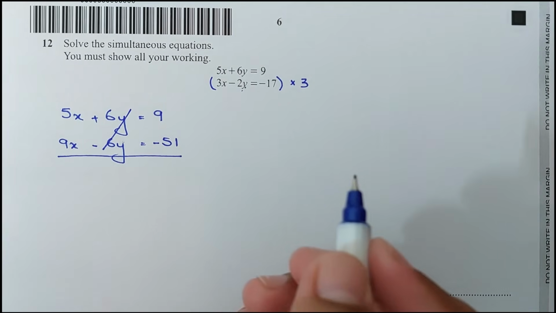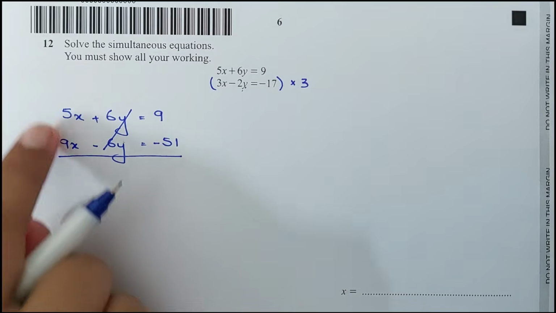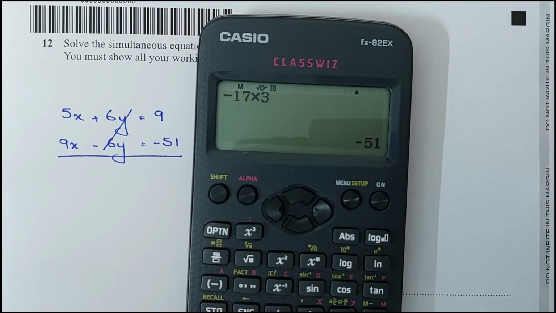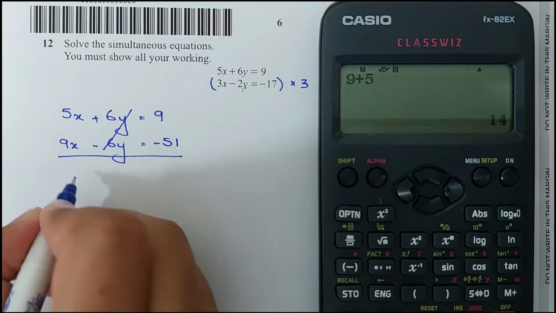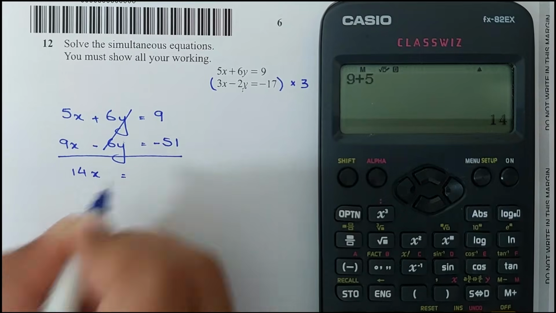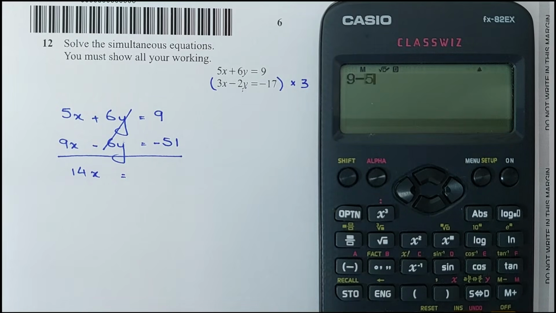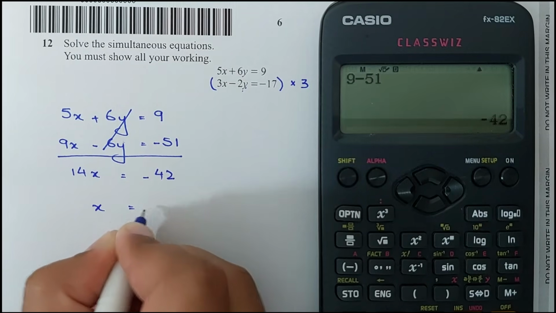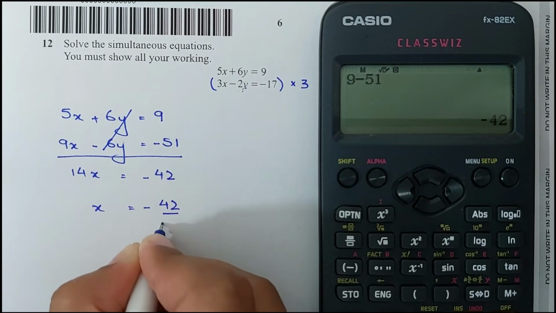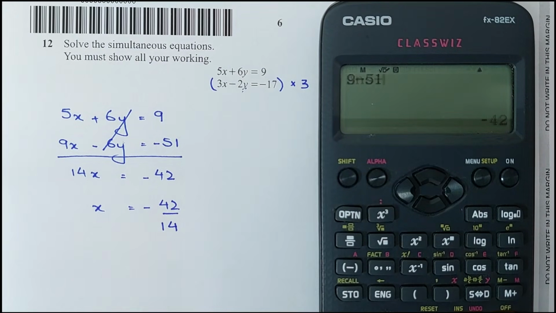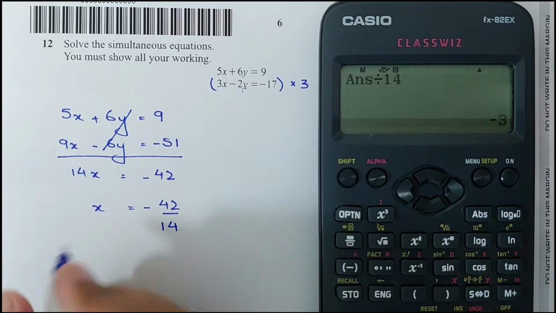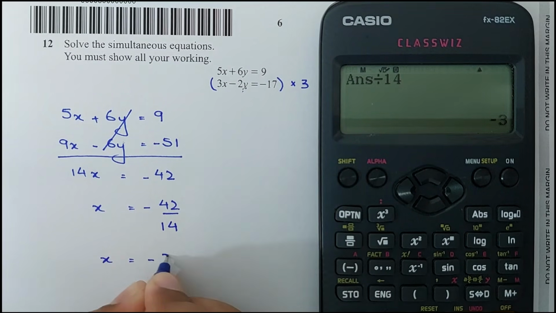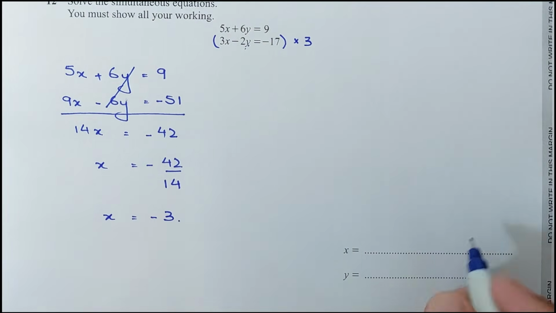Now we can easily get rid of y and solve for x. 9 add 5 is 14x, and from 9 take away 51 is negative 42. So x is negative 42 over 14, which is negative 3. So we are done with the x value, which is negative 3.